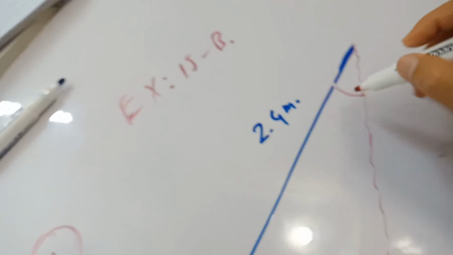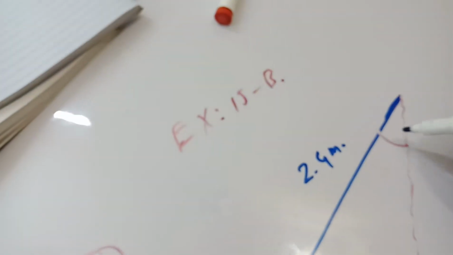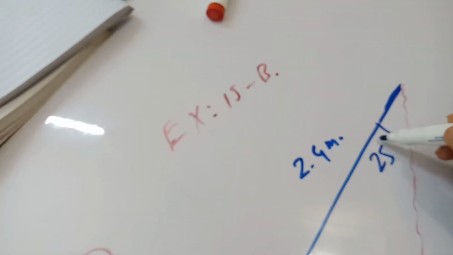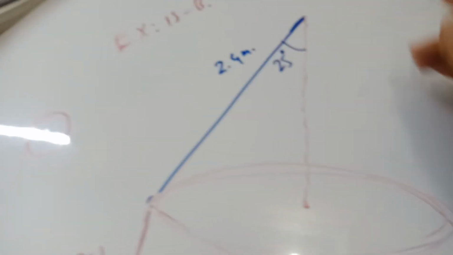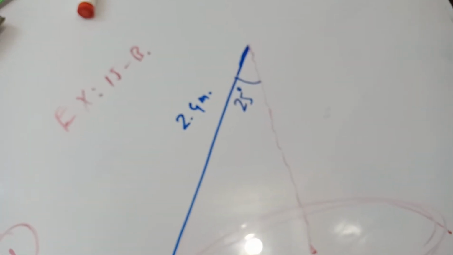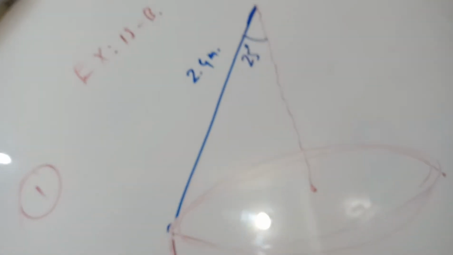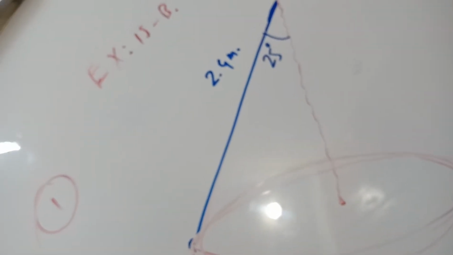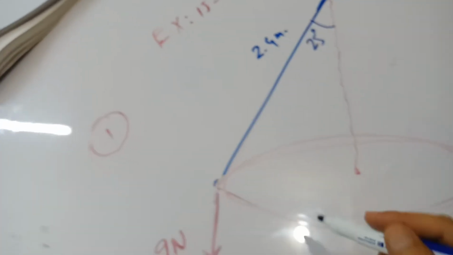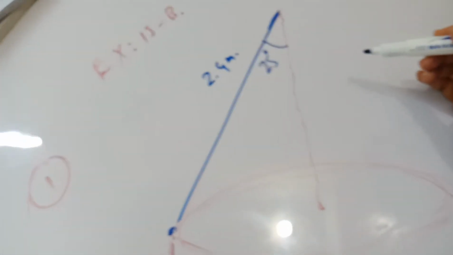Then it says the particle is describing horizontal circles with the string taut and making an angle of 25 degrees with the downward vertical. Find the speed of the particle.